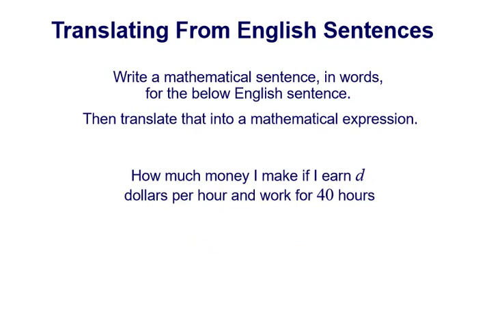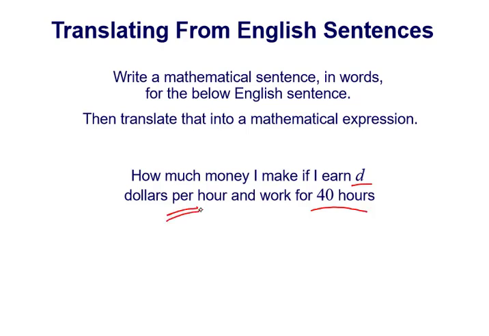Here's the example: how much money I make if I earn D dollars per hour and work for 40 hours. So again, we have our unknown variable of D, and we're working for 40 hours. So we want to know how much money you make if you're working for 40 hours at D dollars per hour.